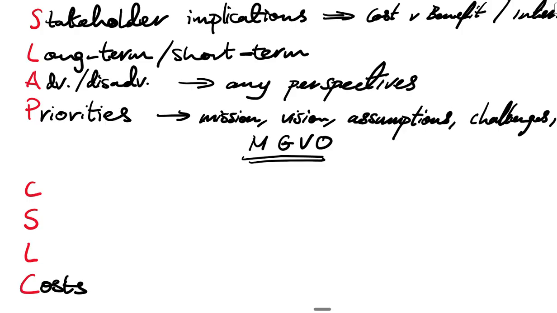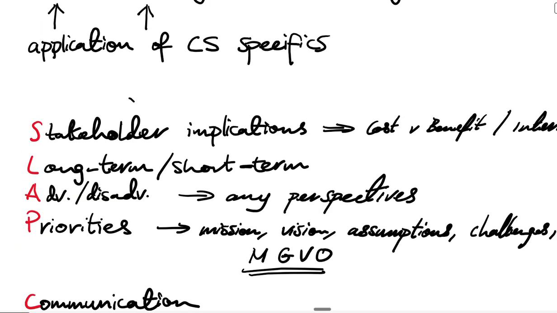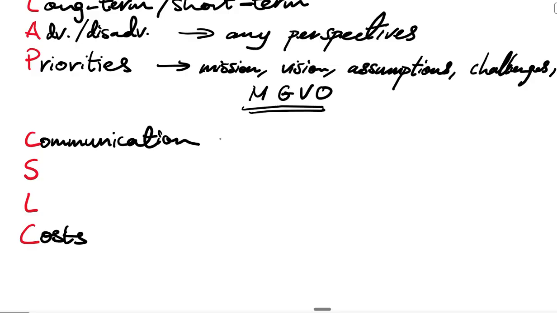Now that's part of our advantages, disadvantages, but maybe we can make this a sub acronym, right? So communication. How is communication within the organization or to external stakeholders? How is that affected within the org or to stakeholders?